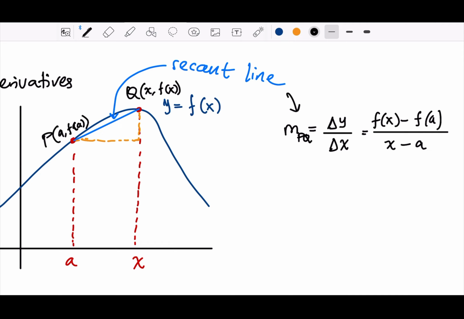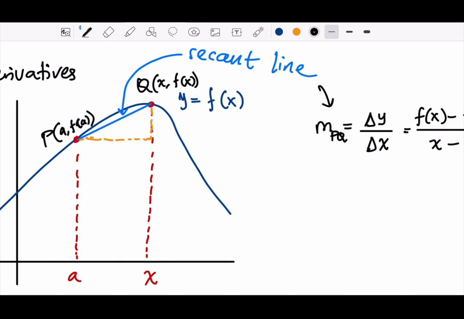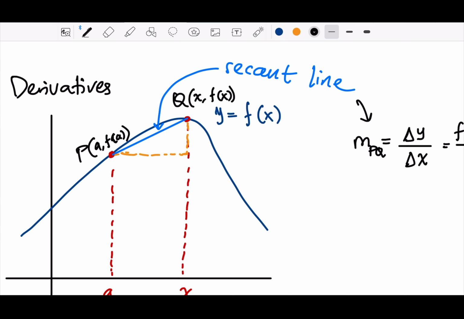The tangent line means the line that is tangible to this point P, which means it touches the curve at only one point, directly at this point P. Sorry if you take some notes here.